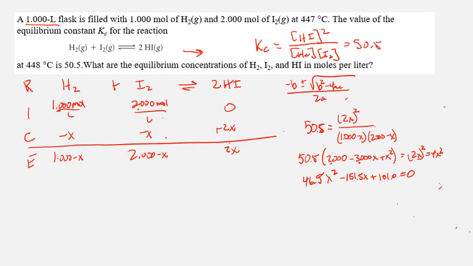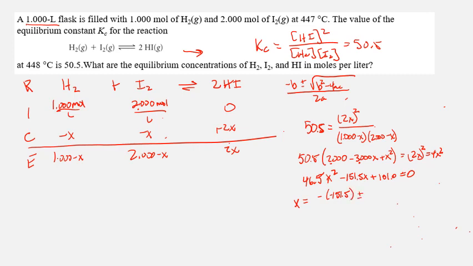So to solve for my x value, remember you're going to have 2 roots for this. We have to decide which one would be the appropriate value. So if I set up to solve for x in this, I'd have a negative of the negative 151.5. That would be my b.